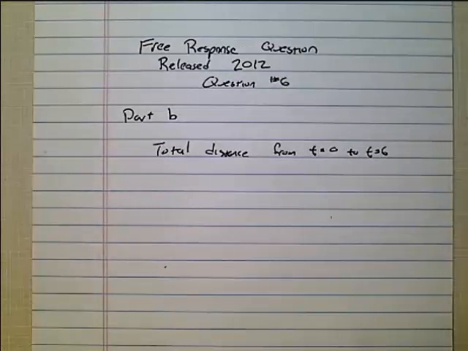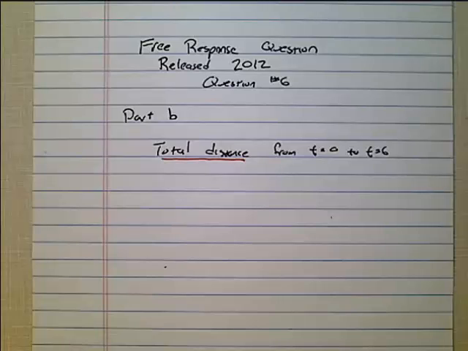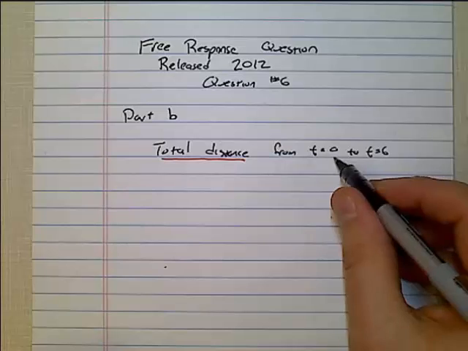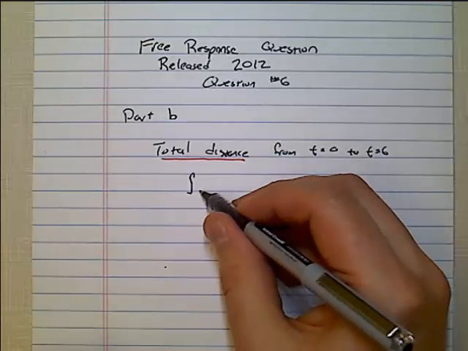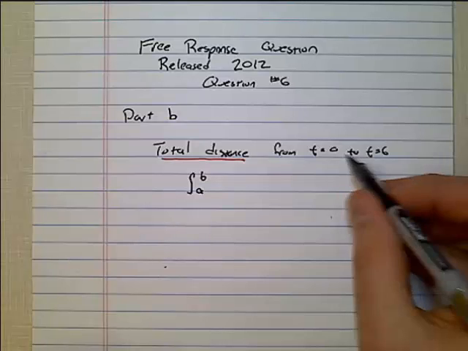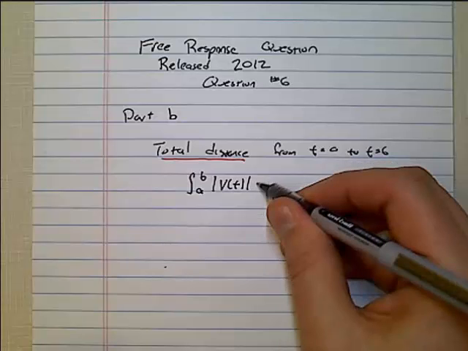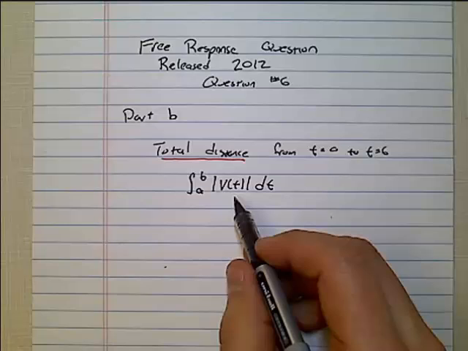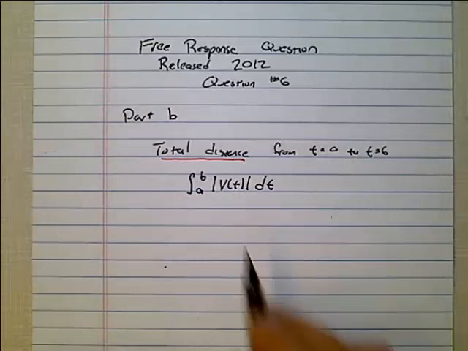So because it's total distance, we need to think about when this particle is moving to the left and when it is moving to the right. We know that total distance between two certain times is the integral from a to b, which in this case is 0 to 6, of the absolute value of the velocity. The integral of velocity without an absolute value is displacement, but total distance requires an absolute value.